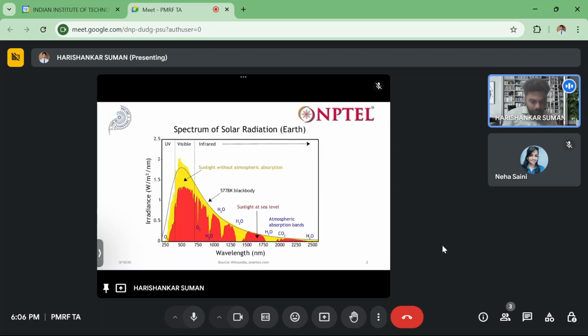You can see wavelength versus irradiance. UV, visual, infrared. Okay.